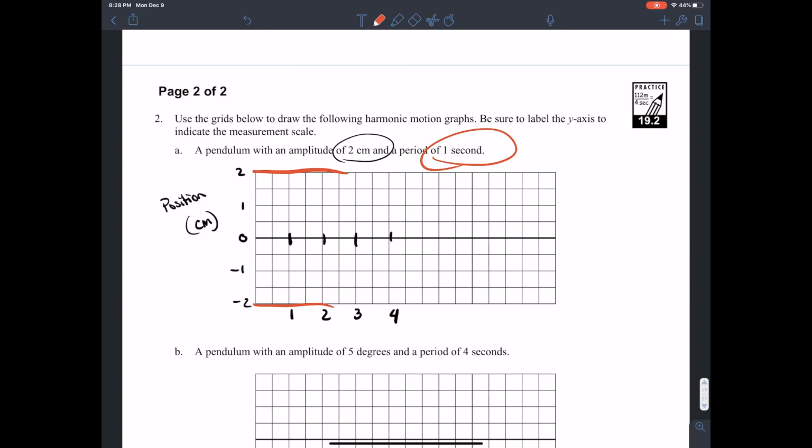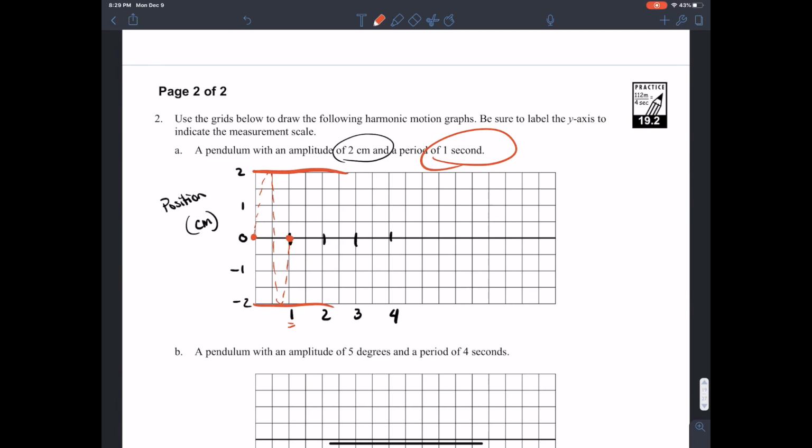So what we can say is if I start it here, and there's all kinds of different places that we can start it at, but I'm just going to start mine at the equilibrium here. I know that by the time that I get to my 1 second, I've got to be back to the start position here. So I need to go up, down, and back again within 1 second.